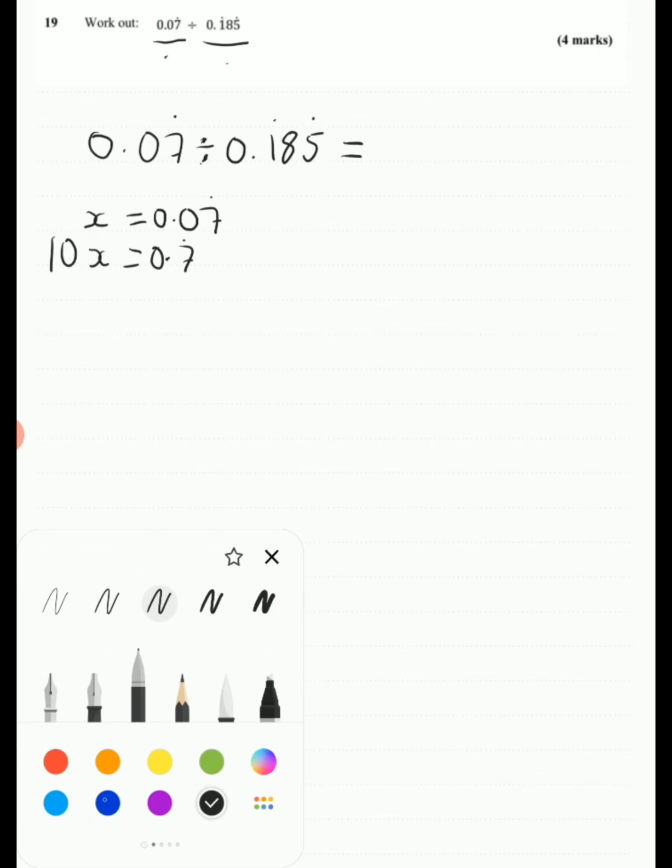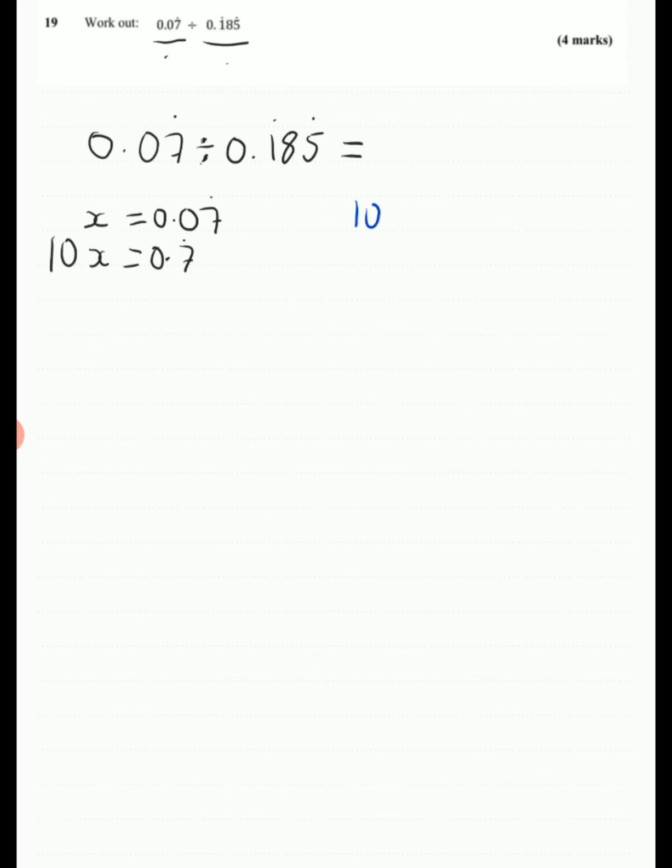And I'm actually going to write that on this side. So what you would do is maybe do 10x minus x, which would be the same as 0.7 recurring minus 0.07 recurring.